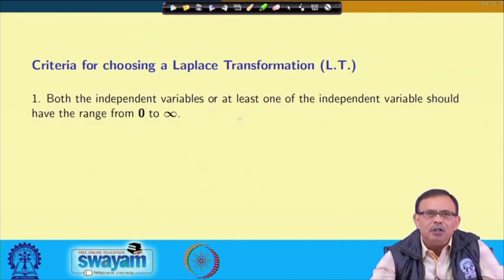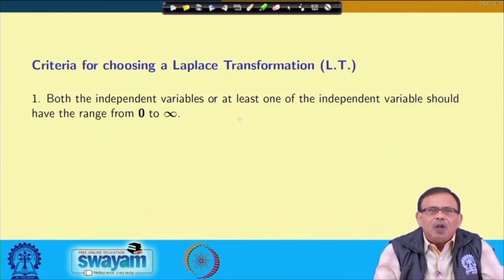The first one you have to see is that both the independent variables, or at least one of the independent variables, should have range from 0 to infinity. Please note this one: the independent variables with which you are working, the range must be from 0 to infinity.